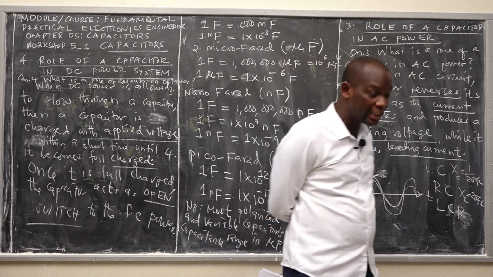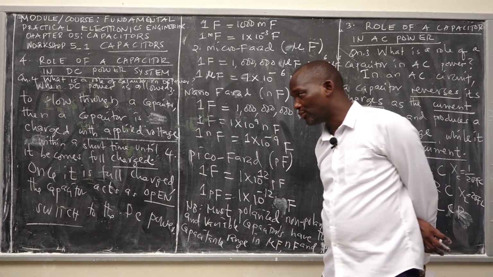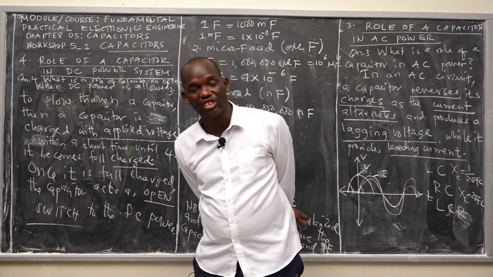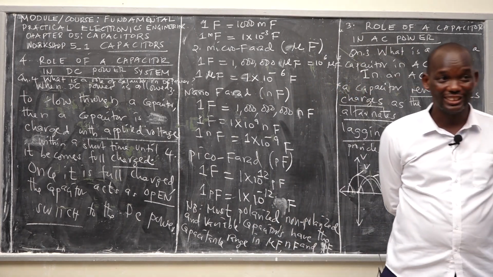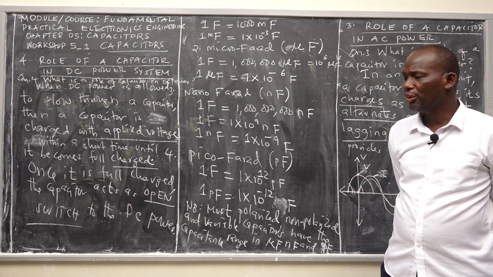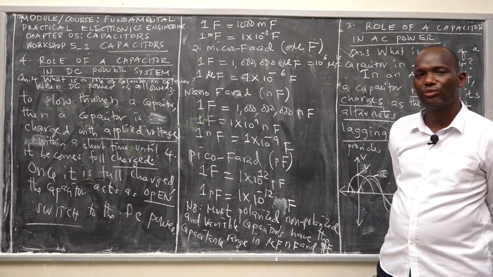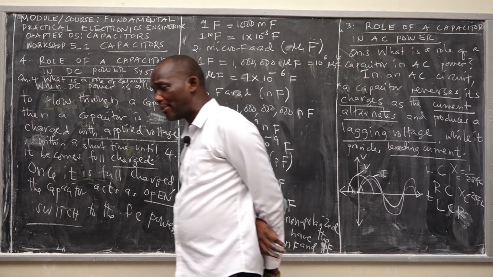In AC theory, in electromagnetism also, we used to teach A-level students about charging and discharging of the capacitor. For O-level, we don't teach them that, just a little bit in static electricity. So the means of charging the capacitor and discharging the capacitor are the fundamental keys.